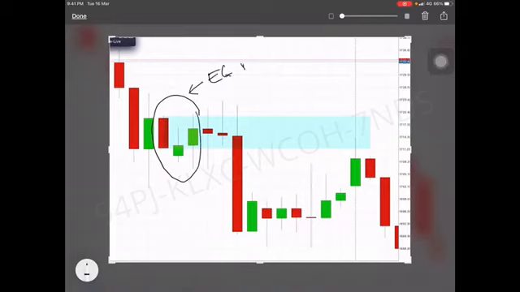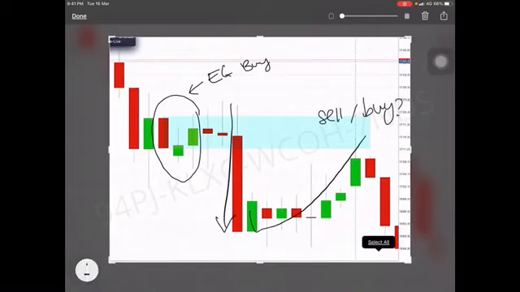And then the price broke downward. It broke the zone. So now what are we going to look for when the price comes here? Sell. Yes, so we sell here.